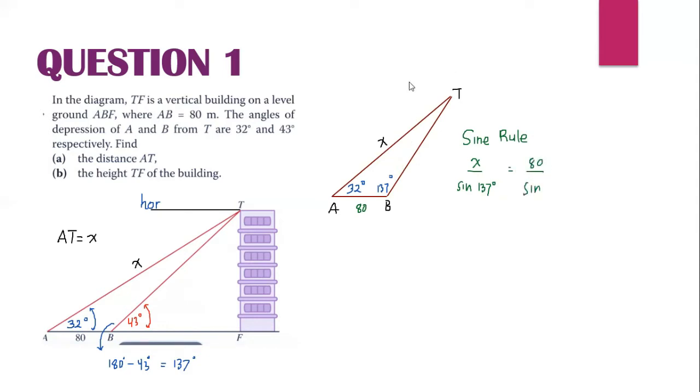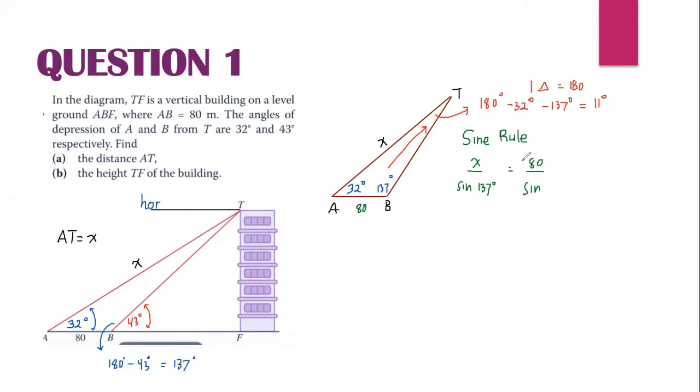We don't know yet about this one, right? We're going to find the angle here: 180 minus 32 degrees minus 137 degrees. We got 11 degrees. Very easy, right? Because the angles in a triangle add up to 180 degrees.